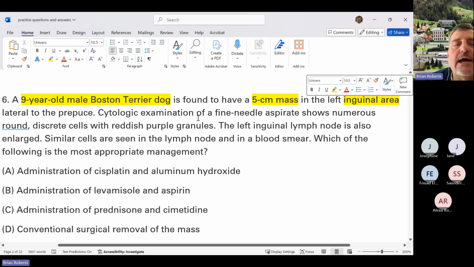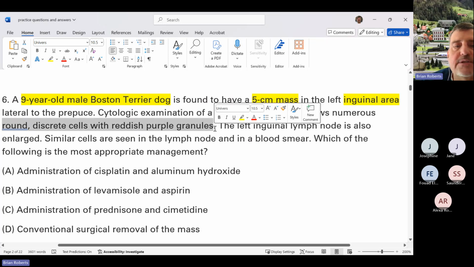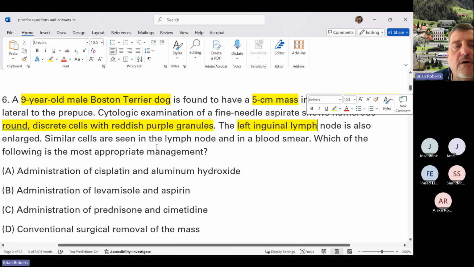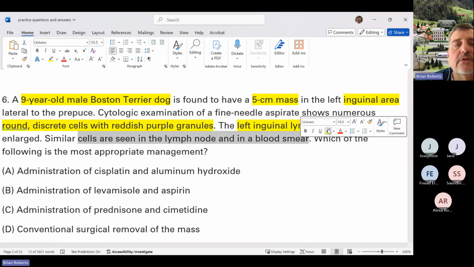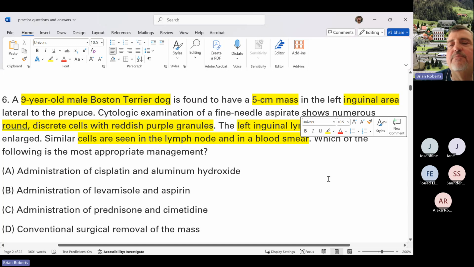Okay, you do cytologic examination of an aspirate, and we have round, discrete cells with purple granules. Okay, we got a problem in the lymph node. So the lymph node's enlarged, and we see cells in the blood and in the lymph node. Which of the following is the most appropriate management, right?